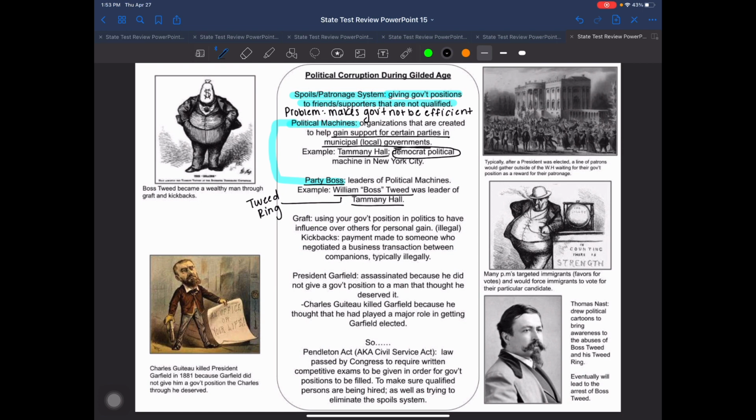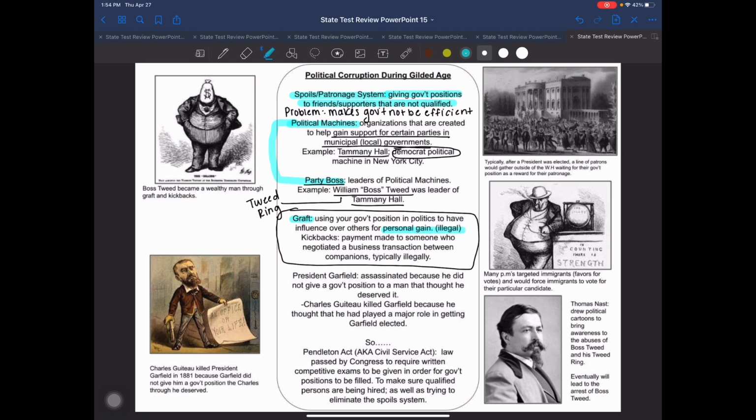So, one way that Boss Tweed and Tammany Hall were extremely corrupt, I'm actually going to circle these two major definitions in the middle here, is these people were known for graft, which means that you use your government position, whatever position you're in politics, to have an influence over other people in order for personal gain.